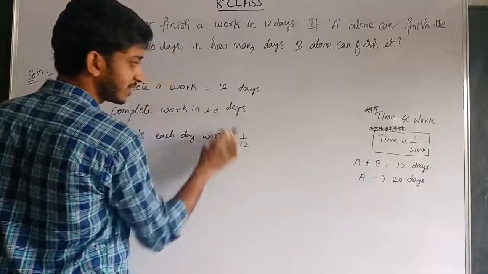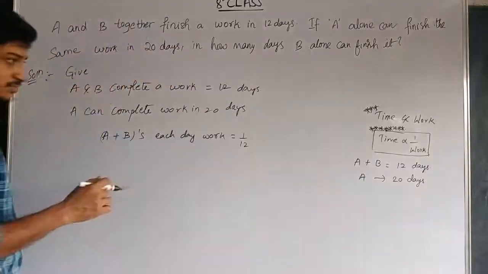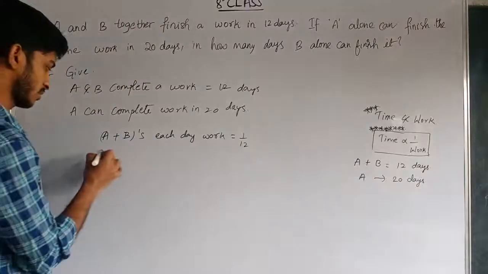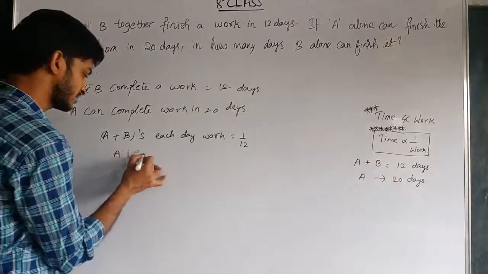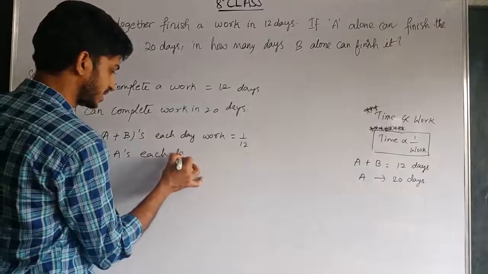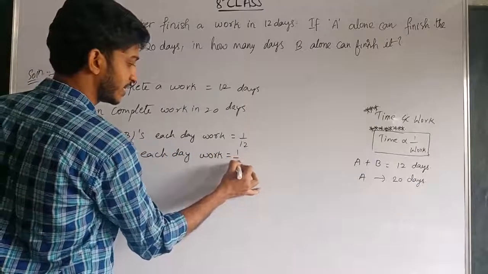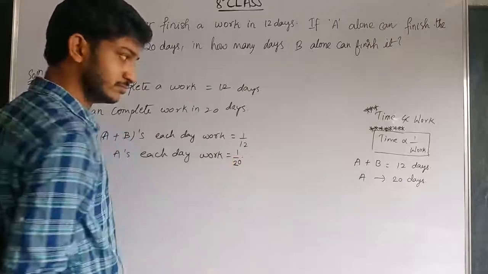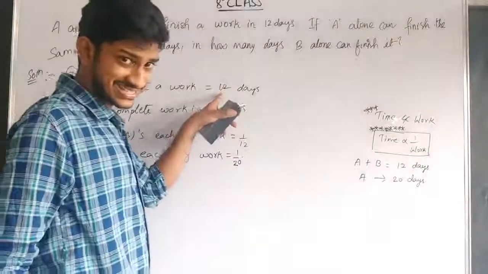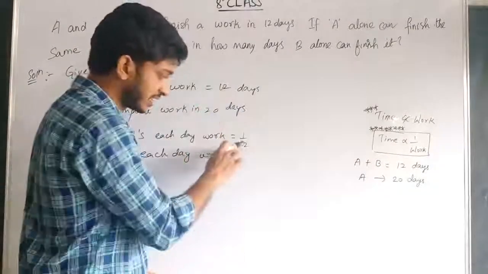We take the inverse of this number. And A's each day's work equals 1/20. Here days means time, and here it is work.